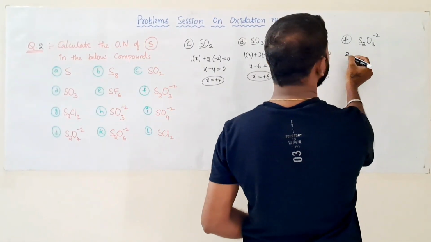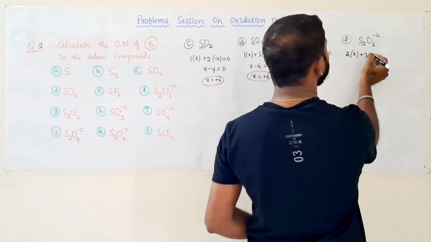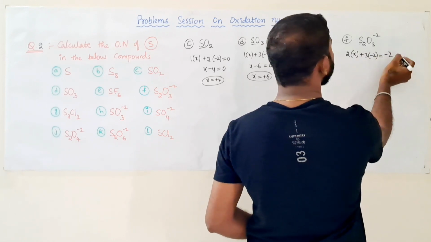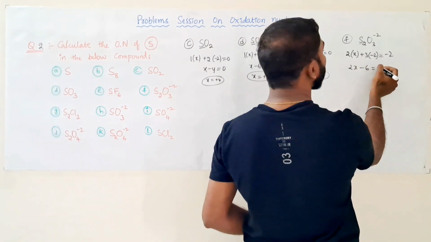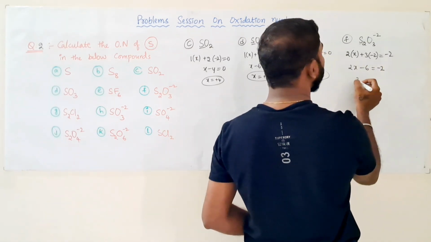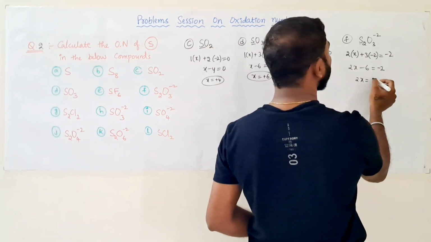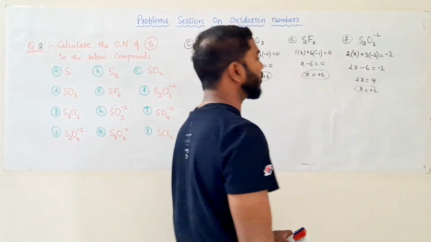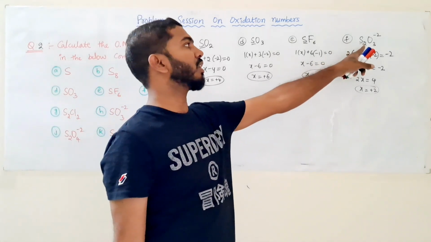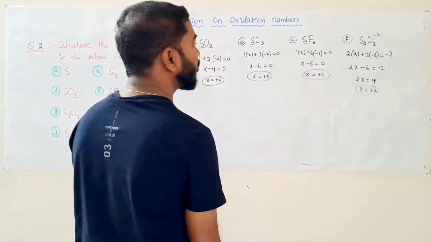Sulfur's oxidation number: 2 into X plus 3 into minus 2 is equal to minus 2, the whole charge. Then 2X minus 6 equal to minus 2, then 2X equals 4, and then X is going to come out as plus 2. So the oxidation number of sulfur in S2O3 2- is plus 2.